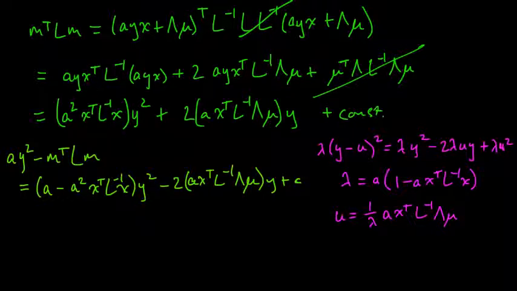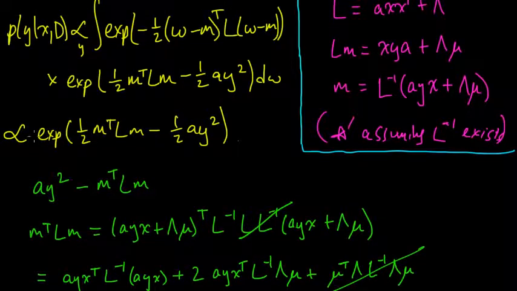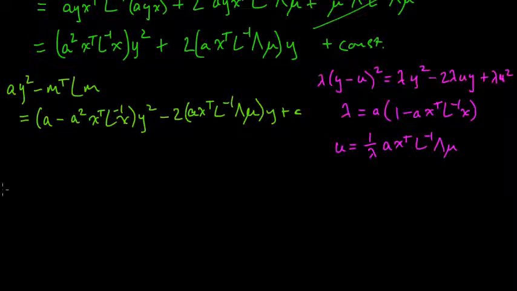We can go ahead and write it. Let's go back here. Our posterior predictive is proportional to e to the -1/2 times this, and that equals this. So let's just write it.